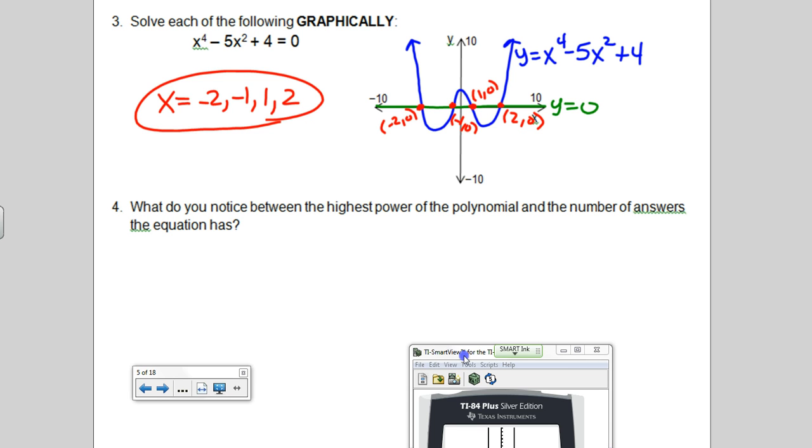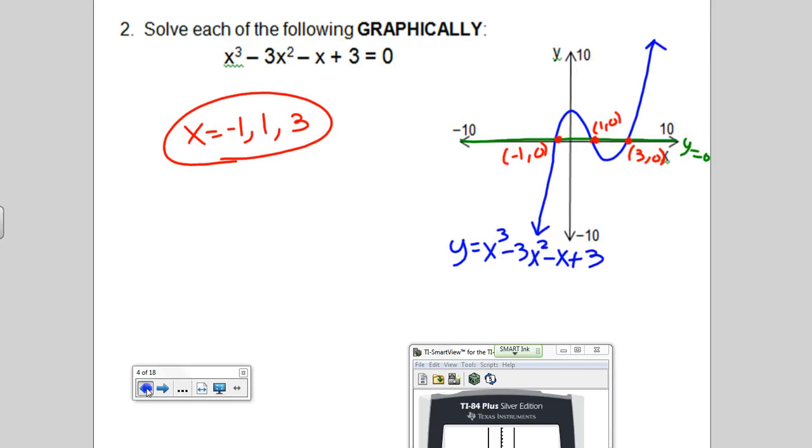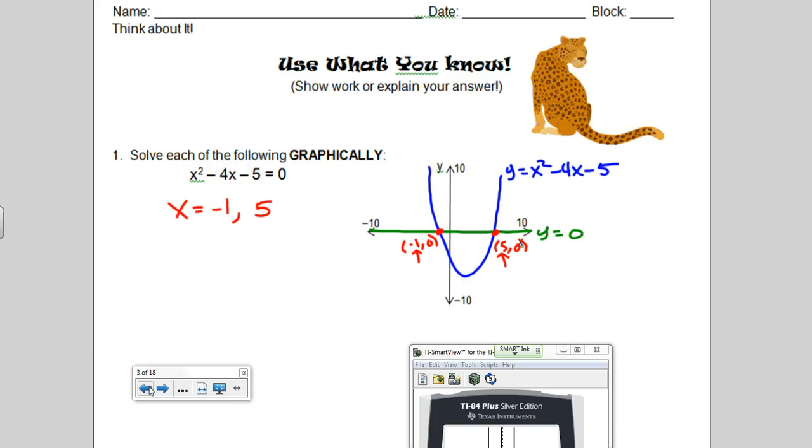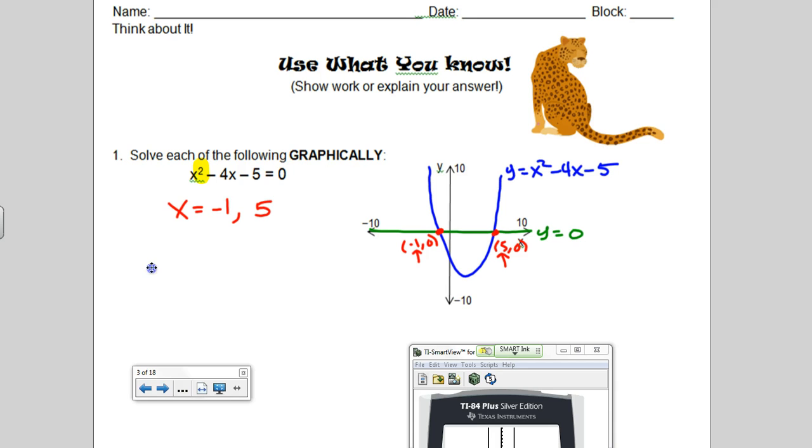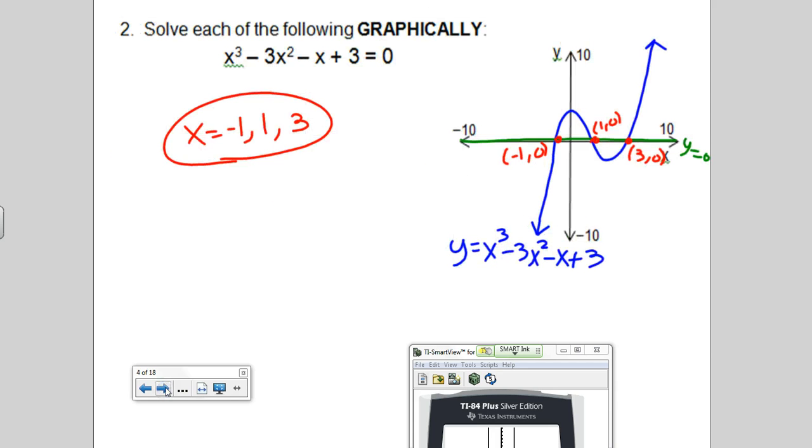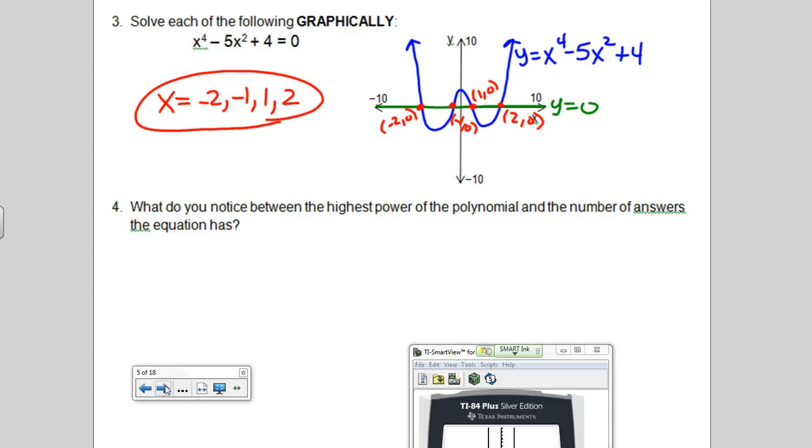Now, if you go back to question 4, what do you notice between the highest power of the polynomial and the number of answers the equation has? Well, very interesting. Our highest power of the first problem was a 2, and we have 2 answers. Our highest power of the second problem was a 3, and we had 3 answers. And our highest power on the third example was a 4, and we had 4 answers.